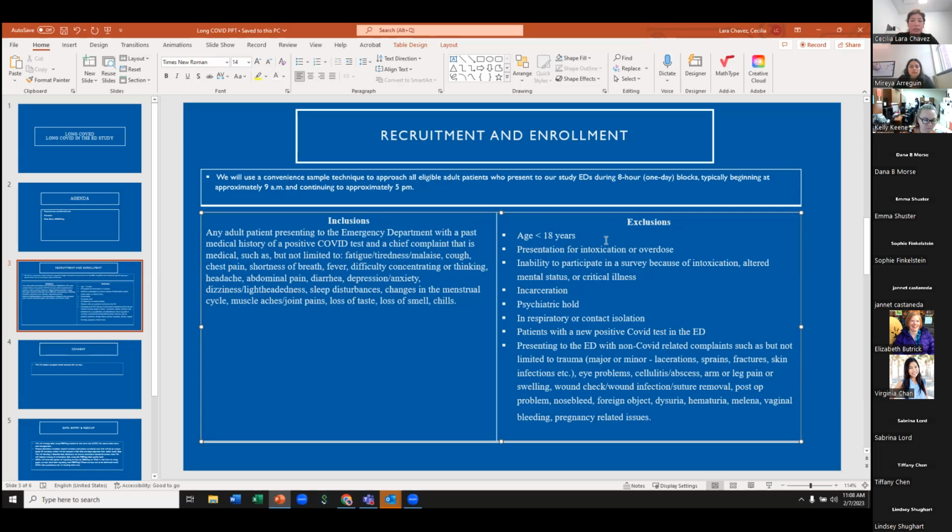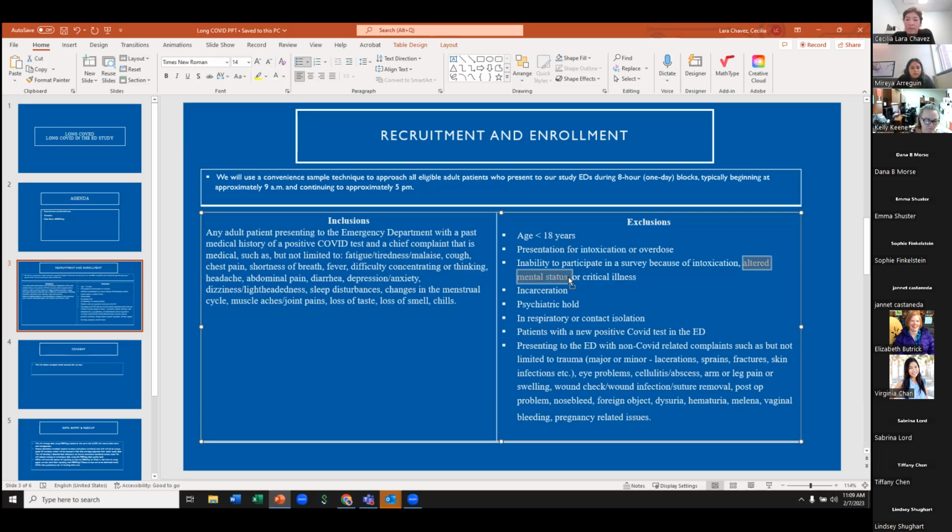Anything that would exclude a person from participating in this project would be like if they're not 18, if they're presenting to the ED intoxicated or overdosing, if they have an altered mental status, obviously they can't consent. If they're super sick, that would be another reason. Another thing for the altered mental status would be like dementia.